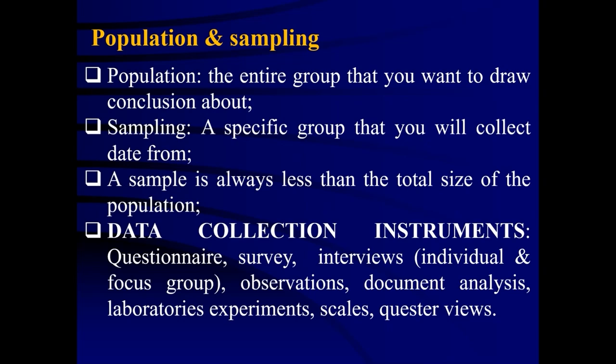Now with the sampling, you specifically break down from the population. From the population, you need to sample, or select, a particular number that you'll be able to manage as you collect your data. Normally the sample is less than the population, because the population is the bigger, larger group that you are going to draw your sample from.